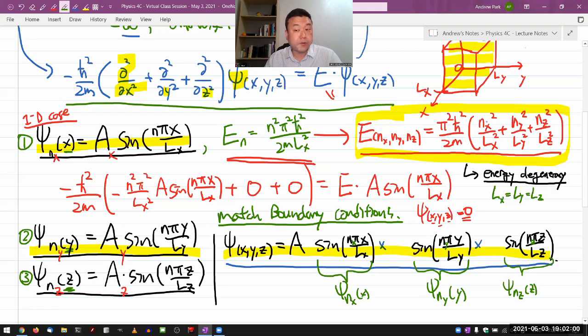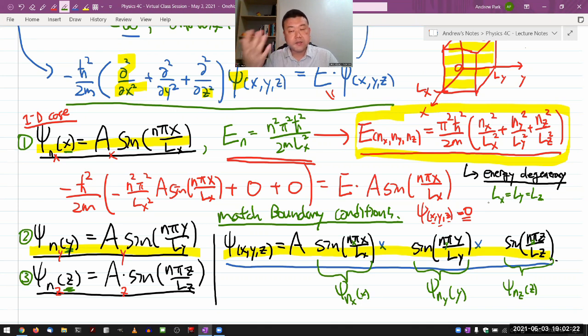So for example, the 2, 1, 1 state has the same energy as the 1, 2, 1 and 1, 1, 2 states. Those three states, characterized by three different sets of quantum numbers, are different states, but they have the same energy.